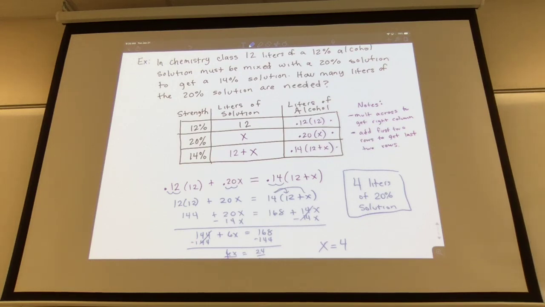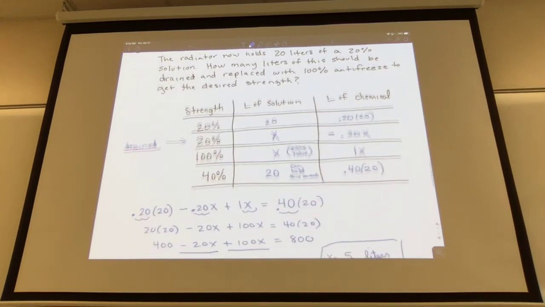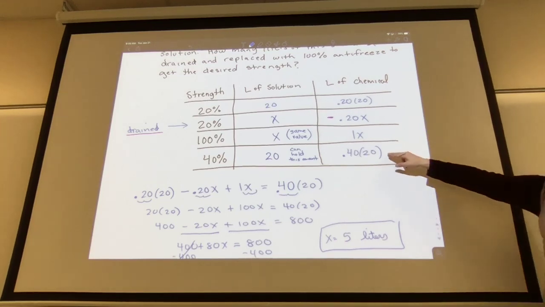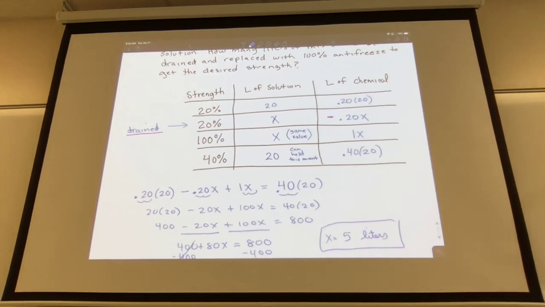And here's the one. This one was by far your most challenging one. When you had that 40%, I put that at the bottom, and maybe as you were reading across, you'd wonder how I knew to put that at the bottom. Because I knew it was the end game. I knew where I was going. At the end of the day, remember when I set them all equal to that quantity, I know that ahead of time. But if I didn't do that and I started working this thing out, I could always rearrange my table so that I can make it work.